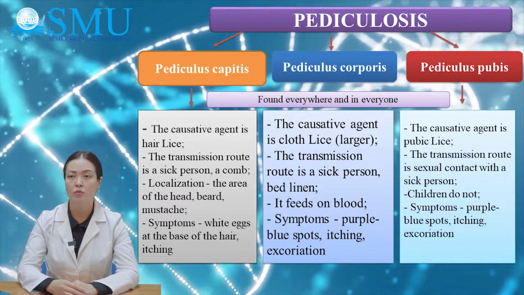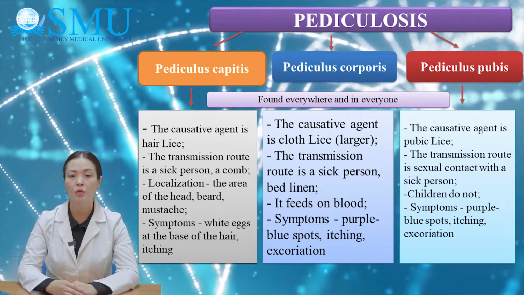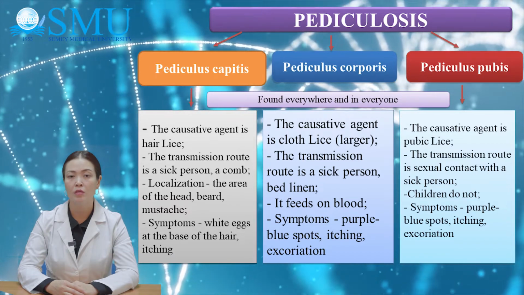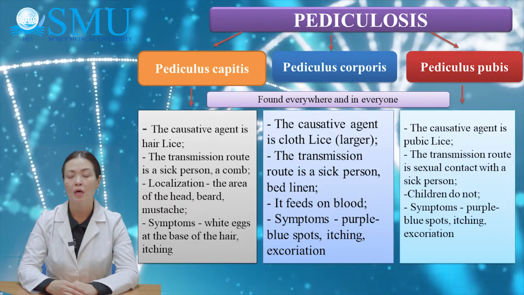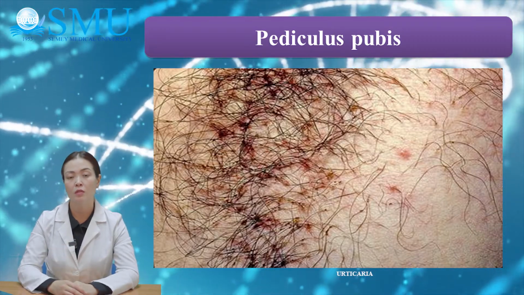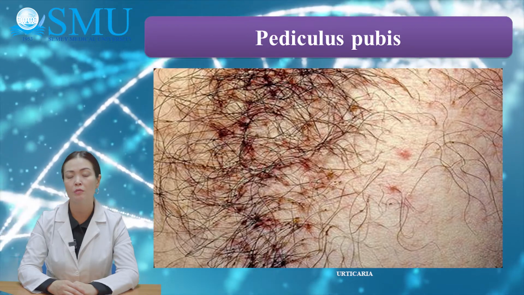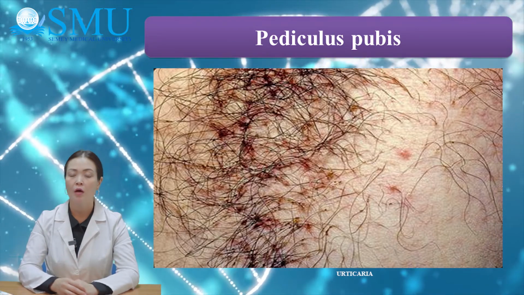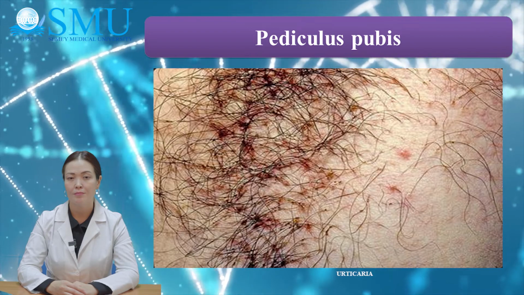In this type of pediculosis, lice also drink our blood. That's why you will also see blue or cyanotic colored macules in the pubic region, and the patient will feel strong itching in this place.